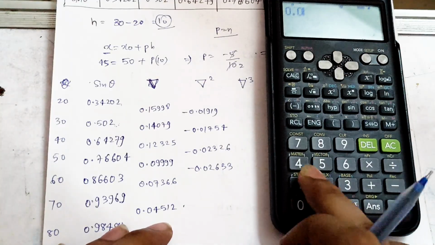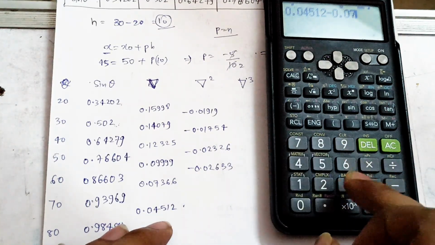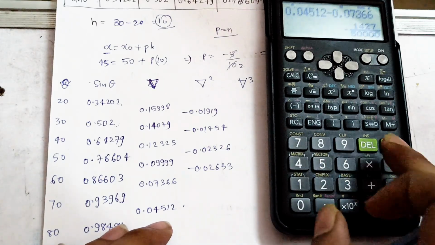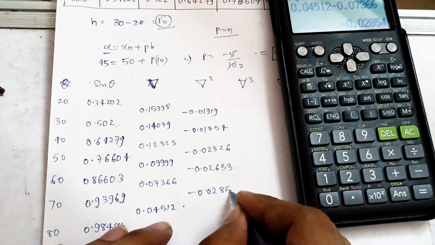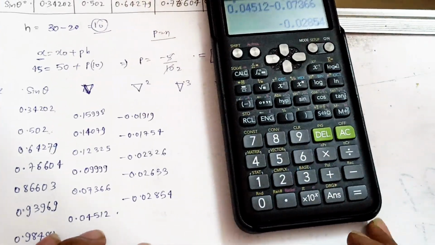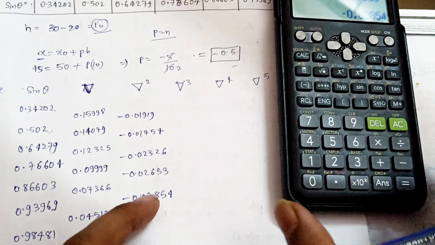Then 0.04512 minus 0.07366 is equal to minus 0.02854.